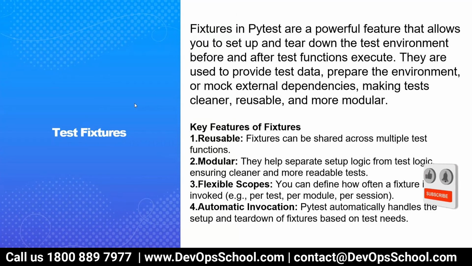Flexible scopes, you can define how often a fixture is invoked, for example per test, per module, and per session. And automatic invocation: pytest automatically handles the setup and tear down of fixtures based on the test needs. Okay, so this is something which we have.